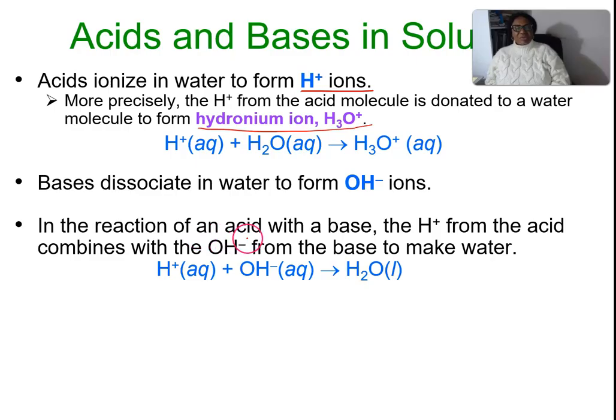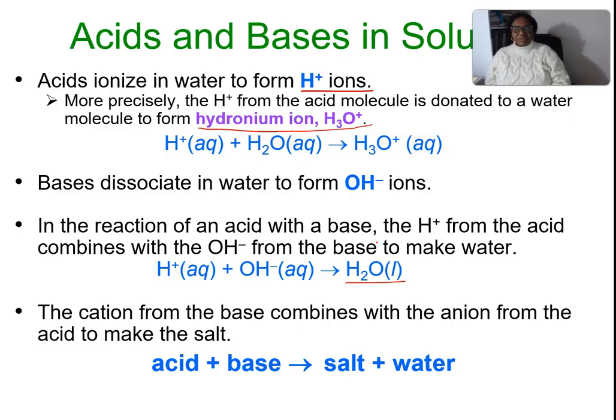So in the reaction of an acid with a base, the H+ from the acid combines with the OH- from the base to make a water molecule. It's a liquid. The ions are not free. So the cation from the base combines with the anion from the acid to make a salt.